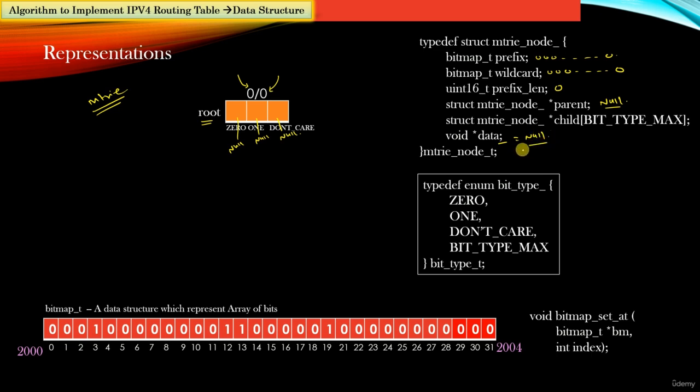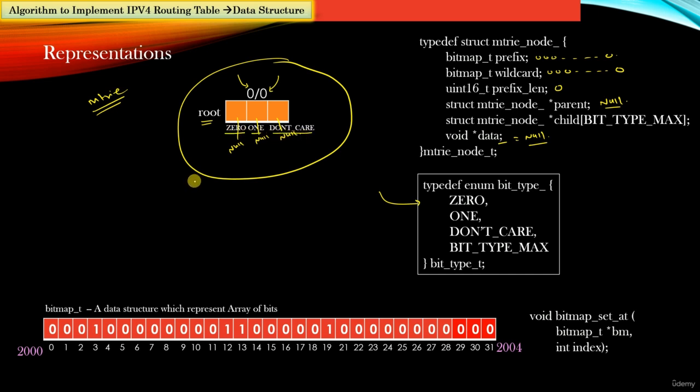And this is what the mtry data structure would look like when it is just initialized. A freshly initialized mtry data structure will just contain a root node with everything initialized to null or 0. Now coming to this enumeration, as I said, each mtry node is going to have 3 children. These children are indexed in the mtry node as 0, 1 and don't care children.